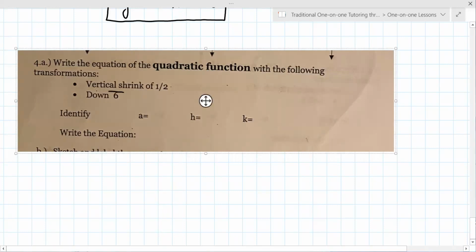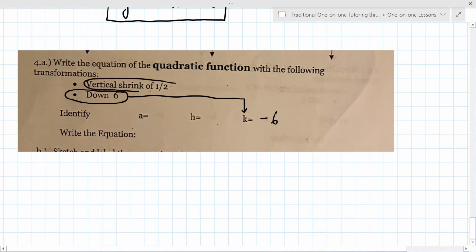Okay. So down 6, up or down affects k. Down means negative, -6. The vertical shrink affects a, and that's 1/2. Again, if the transformation doesn't affect the value, it goes to 0.